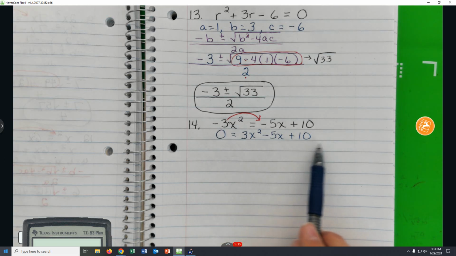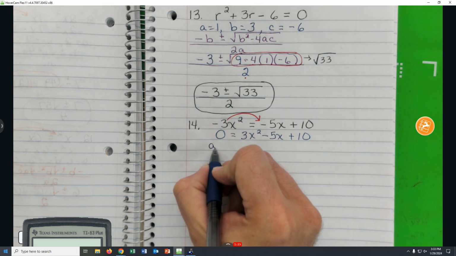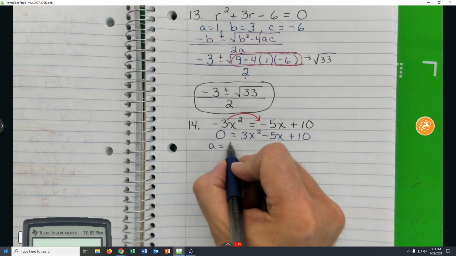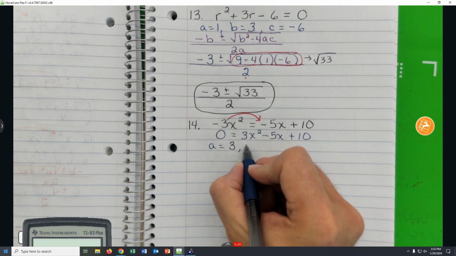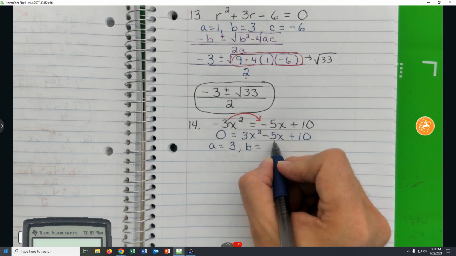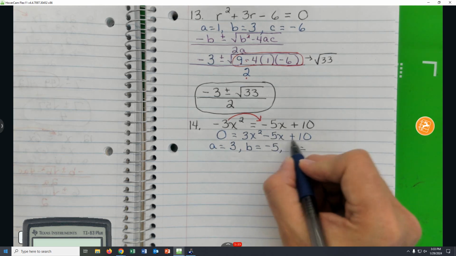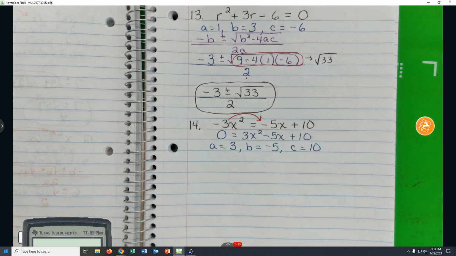Any questions on how I've rewritten this and what are my values for A, B, and C? A is a positive 3. B is negative 5. And what's C? Positive 10.